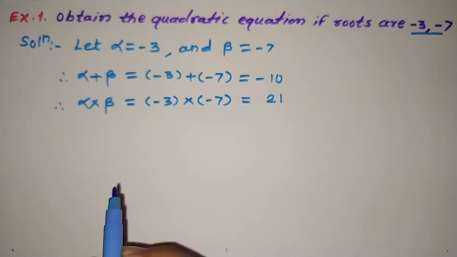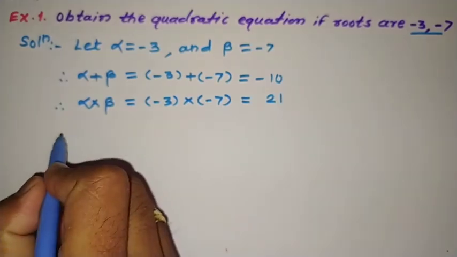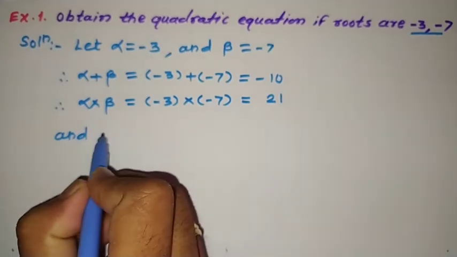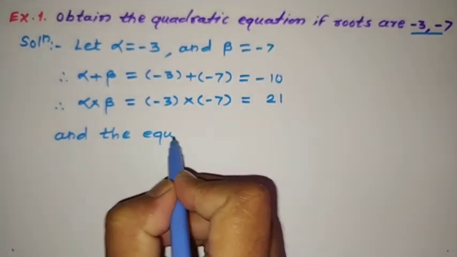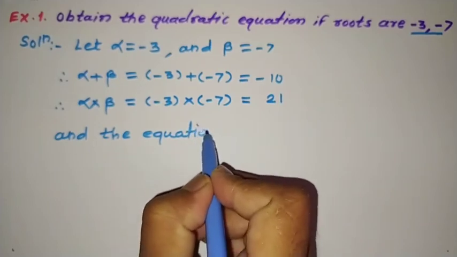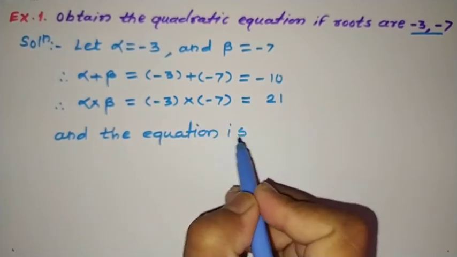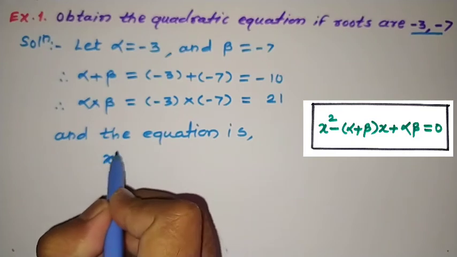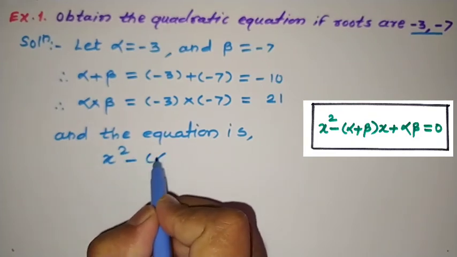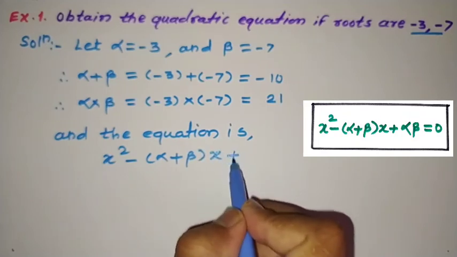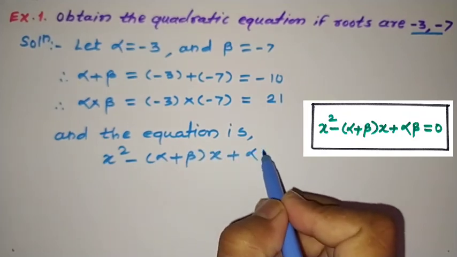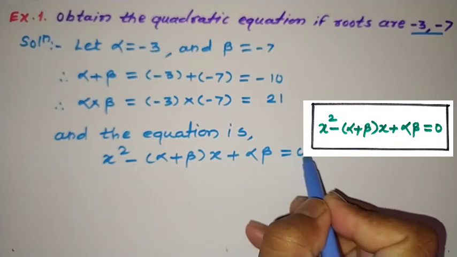The equation is x square minus alpha plus beta into x plus product of two roots is equal to 0.